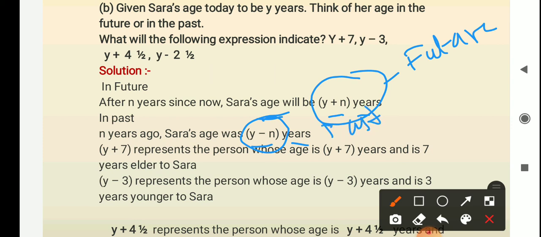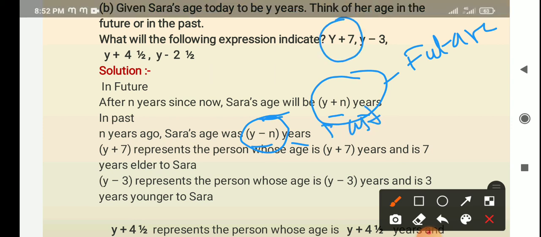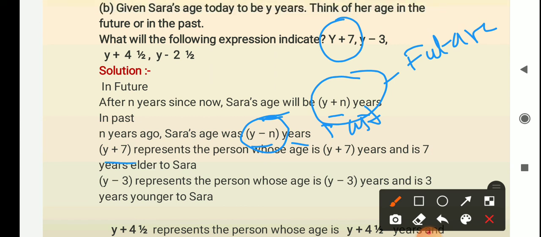Now look here, the first expression is y plus 7. Obviously, 7 is added, so y plus 7 represents the person whose age is y plus 7 years. That means a person 7 years elder to Sarah, a future age.